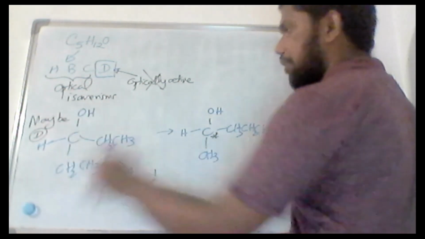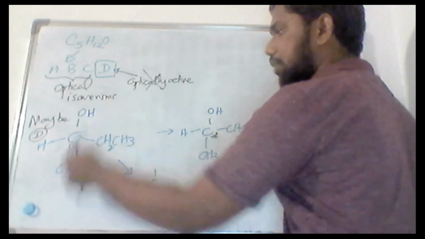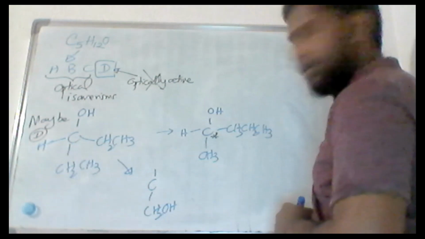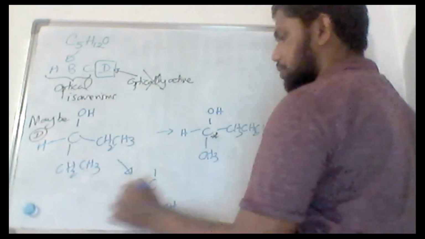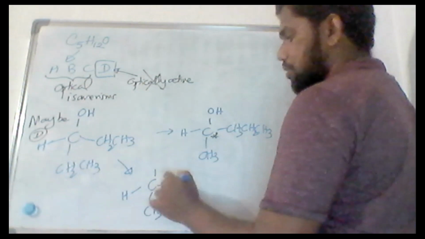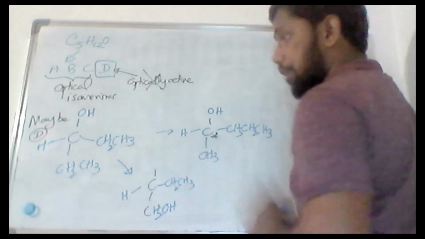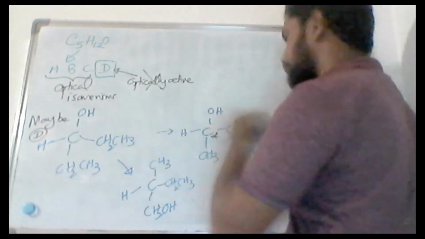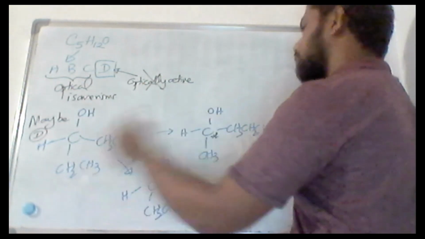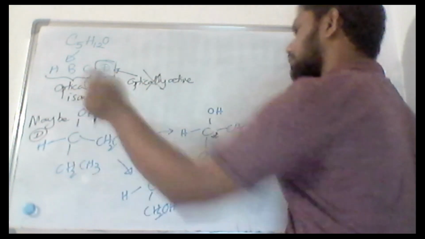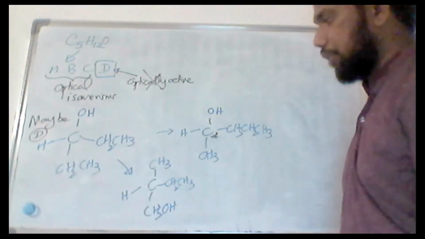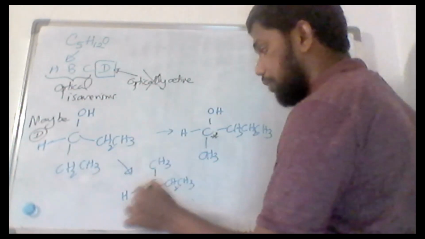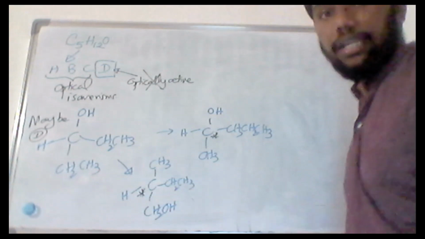Instead of having OH directly bound, I'm going to put CH2OH, then this is CH2CH3 the same, but here one CH3 is here. This is also 4 different groups, so this is also going to show optical activity.